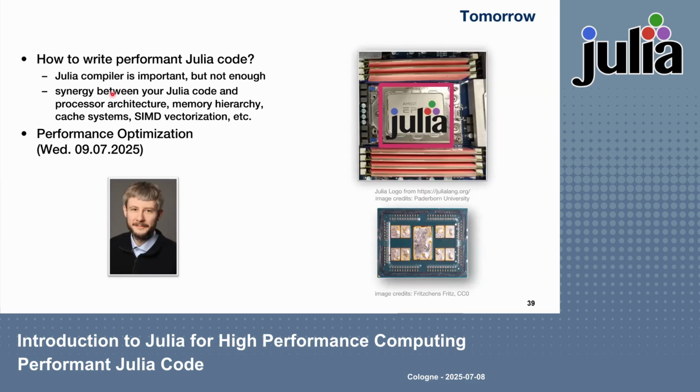This topic will be covered by Alex tomorrow morning, and Alex will combine Julia code with the hardware, real silicon together, to make your Julia code perform the best, to have the best performance for your work, for your research.